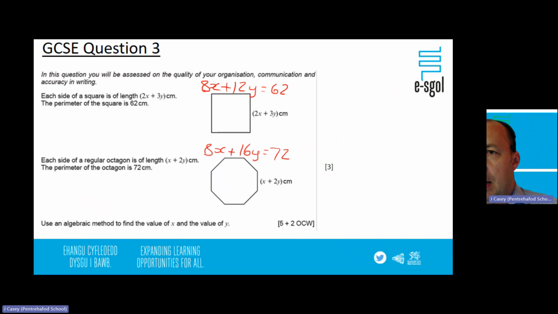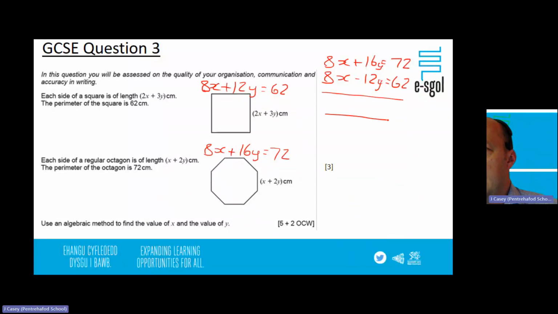Now, this is quite a nice question because they're both 8x's. So if I'm going to take them away, I'll put 8x plus 16y equals 72 on top. And then I'll put 8x minus, oh, I missed the y out on this one, look, 8x minus 12y equals 62. Okay, so I'm going to take them away now.